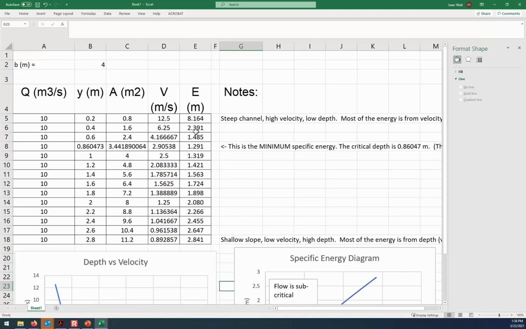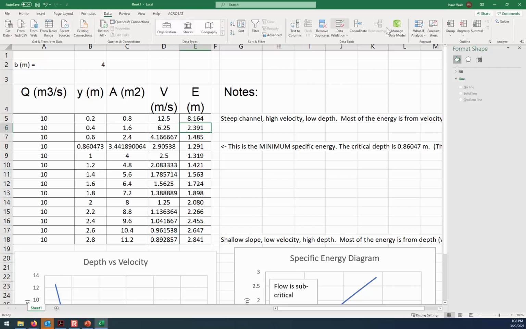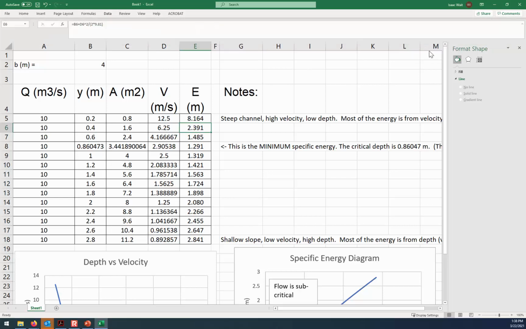So if I want to find out what depth is associated with 2 meters, I guess I could use goal seek this time, right? Because I do know what energy I'm going for. So data, what if analysis, goal seek. I want to set this energy to 2 by changing the depth.